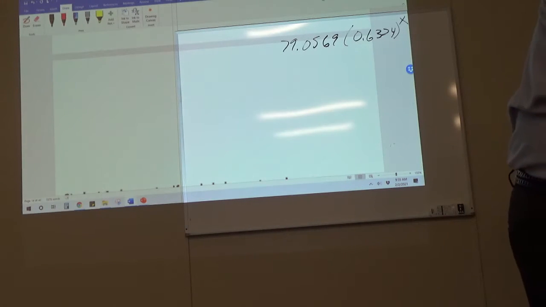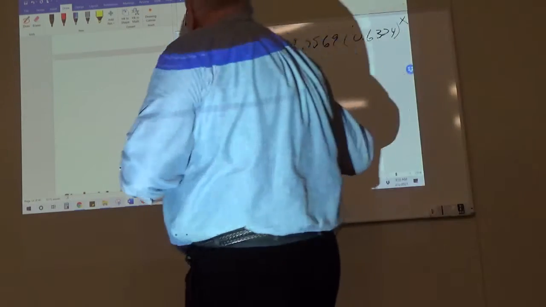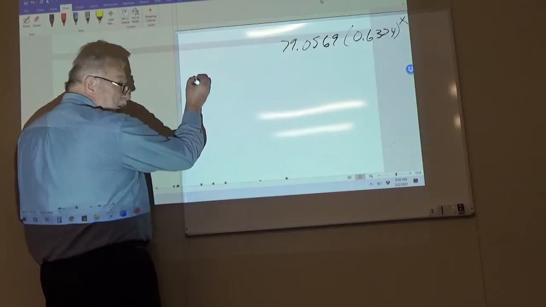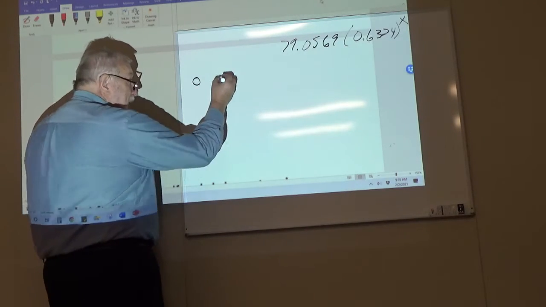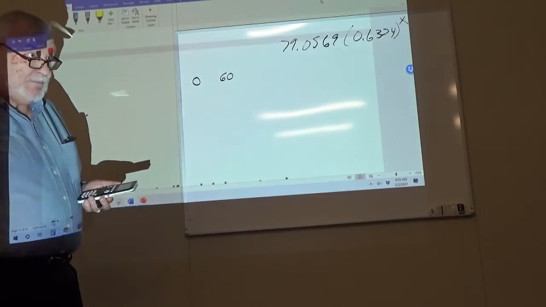Okay, so in the rabbit problem it says to assume that there were 60,000 rabbits in 1865, and that there were 2,400,000 rabbits 2 years later. So the first one is the start year, which is 0, and there were 60,000.